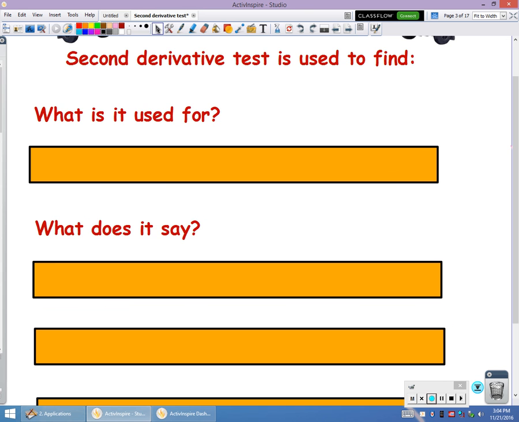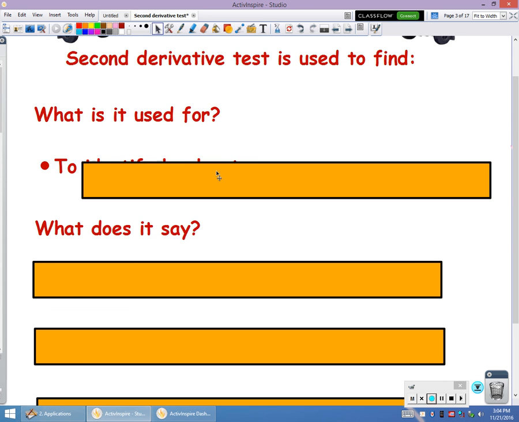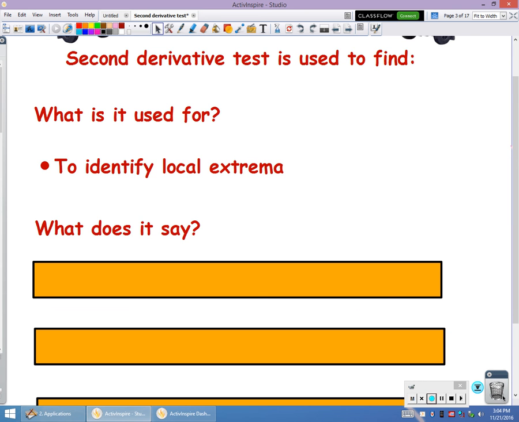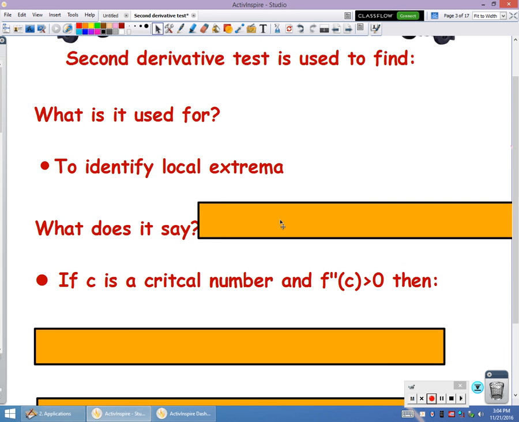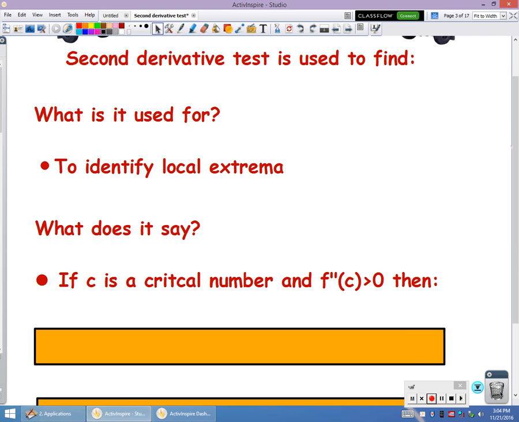So the first thing we want to note is, what is the second derivative test used for? Well, the second derivative test is another method in which we can identify local or relative extrema. What does the second derivative test say, or how do you use it? Well, the second derivative test says our conditional statement: if c is a critical number.